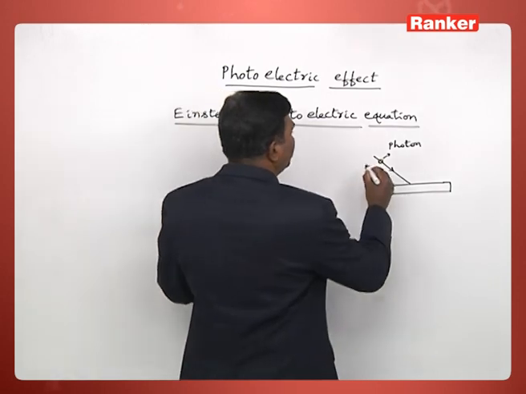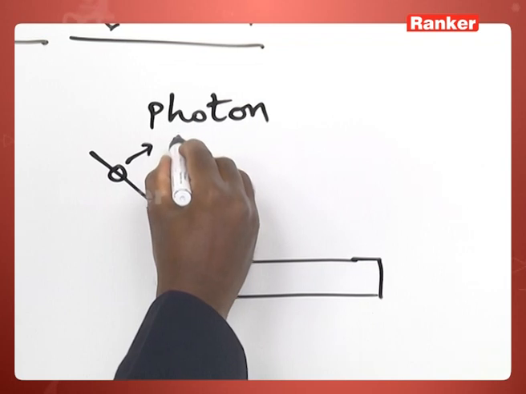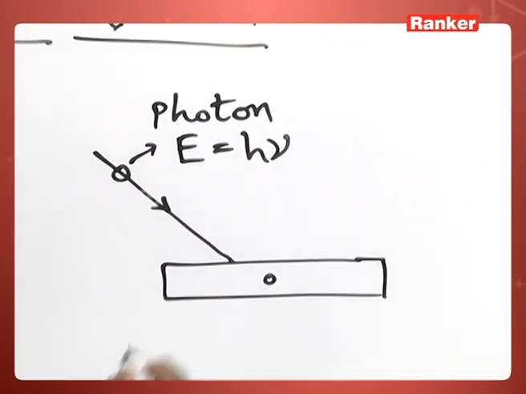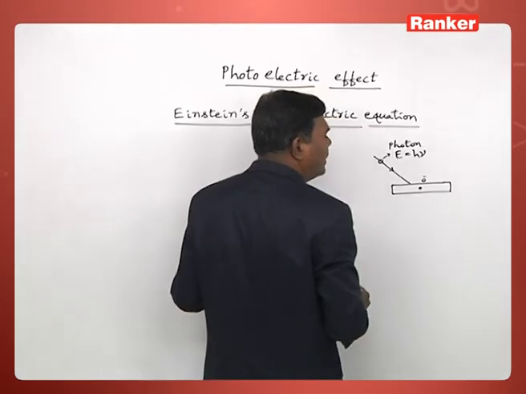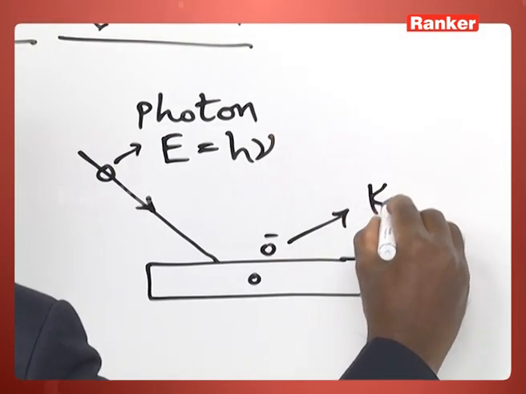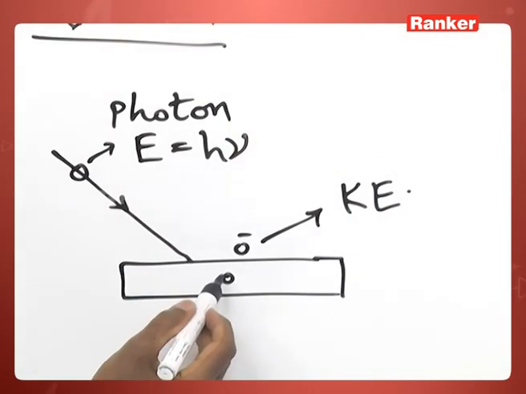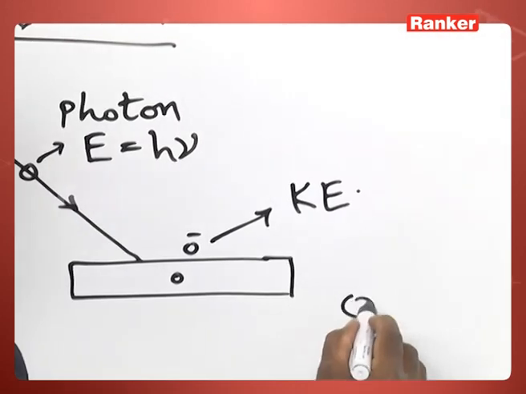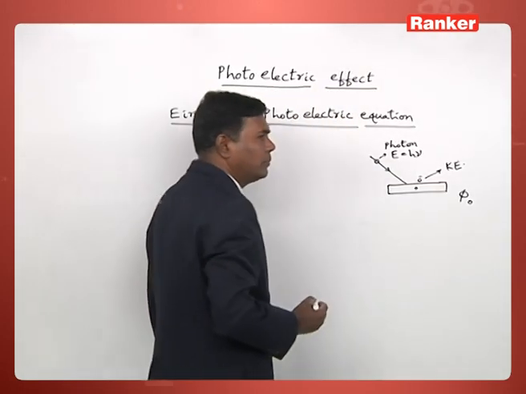The energy of each photon is taken as h nu, and this energy of the photon is absorbed by the electron inside the metal, and it is emitted from the surface of the metal, and then starts moving with a particular amount of kinetic energy. The amount of energy used to liberate the electron from the surface of the metal is known as work function, which is represented by phi naught.